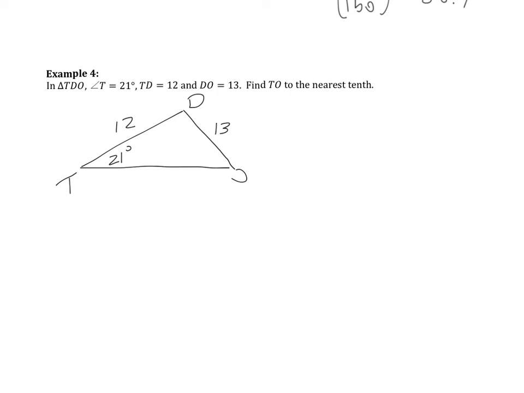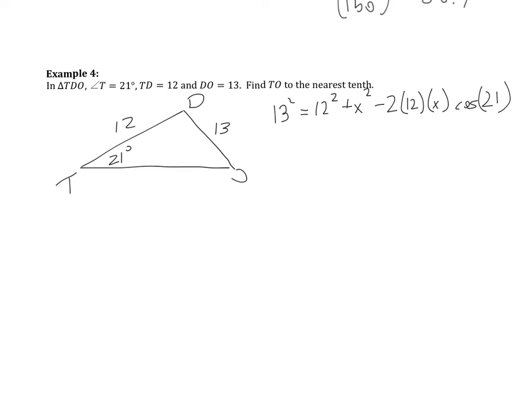This creates a challenge for us, but there's some things that will help us, and that's the quadratic formula. So let's set this up. 13 squared equals 12 squared plus x squared minus 2 times 12 times x times the cosine of 21.